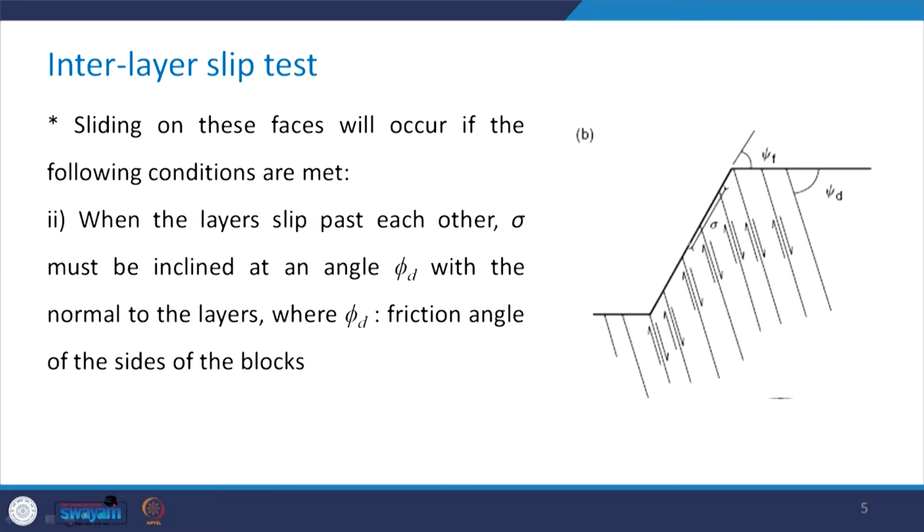Now, sliding on these faces will occur if the earlier condition is met, along with this particular condition also, that when the layers slip past each other, sigma must be inclined at an angle phi d with the normal to the layers. So, these are the layers, where phi d is the friction angle of the sides of the blocks.